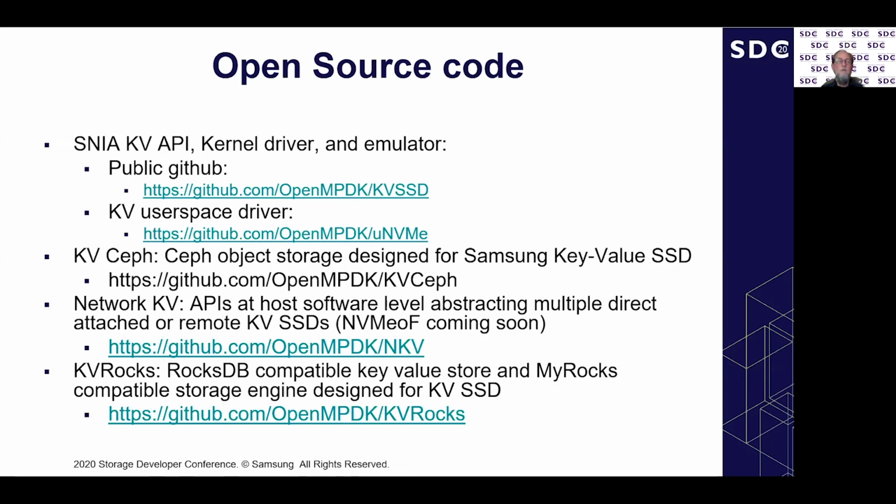We have a key value user space driver that is also available on GitHub. We have a Ceph object storage designed for the Samsung key value SSD. This allows you to take a Ceph object storage and implement it utilizing a key value storage device.